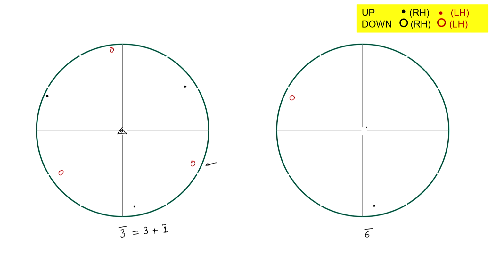I go to the up position. I rotate through 60 degrees in the up position, and then invert. I come here, I go to the down position. From the down position, I rotate through 60 degrees, invert, I will go to the up position, and the point will move at this position.